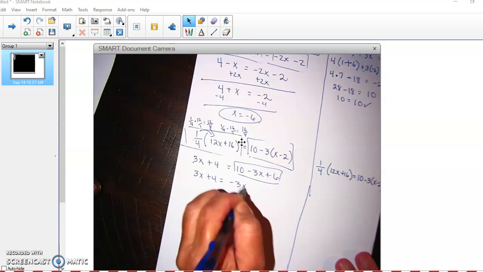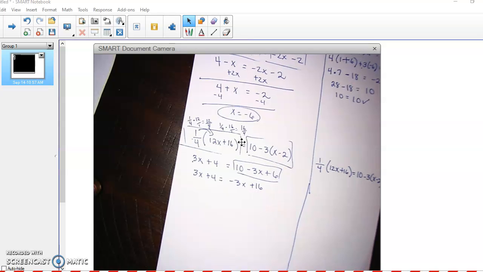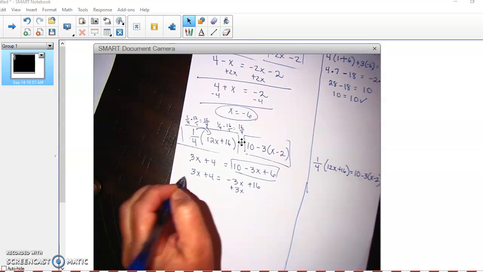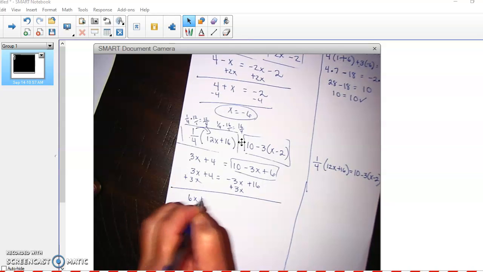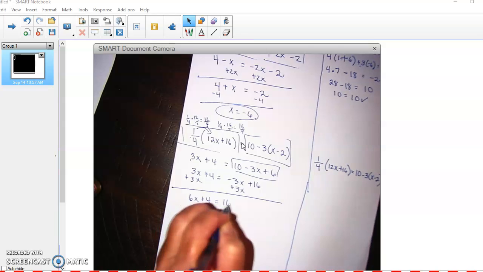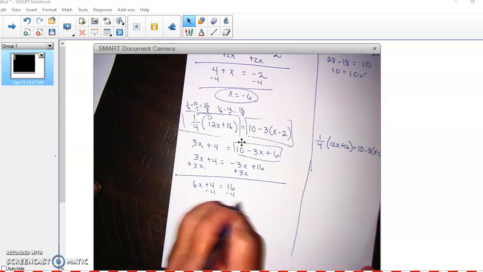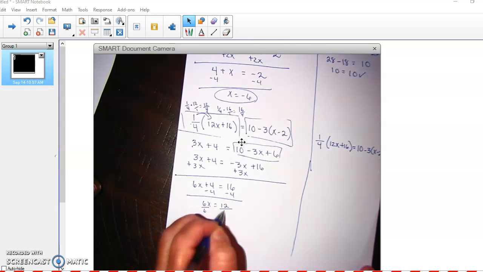Negative 3x, 10 plus 6 is 16. Okay, I'm going to bring this one over to the other side. So I get 6x plus 4 equals 16. Let's subtract 4. 6x equals 12, and we're going to divide by 6.